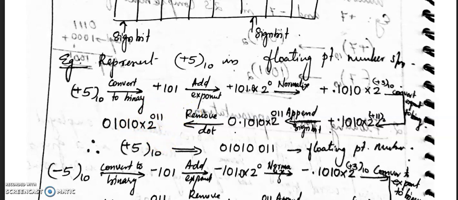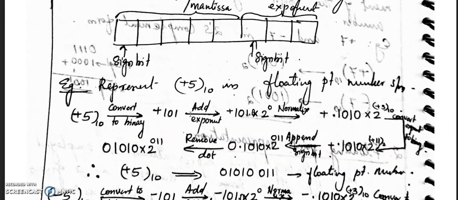Okay, now we are placing these values in our register. How are we going to store it? First the 5-bit mantissa values. In the mantissa, first the sign bit, then 4 bits representing the value: 0 1 0 1 0.